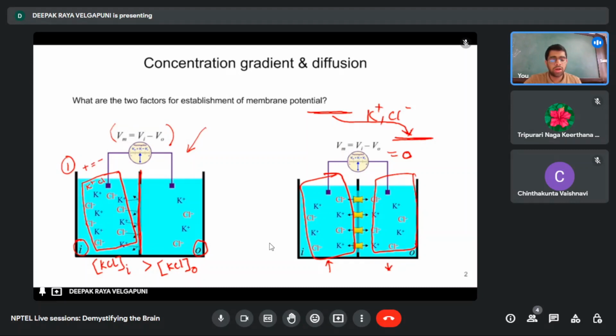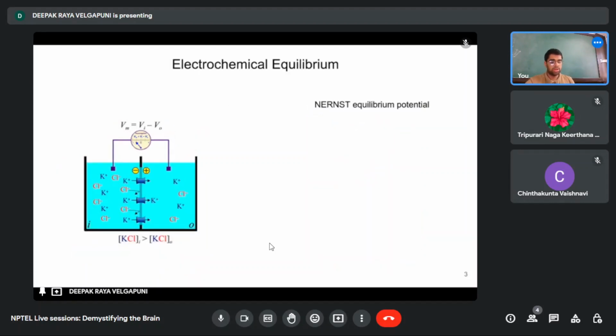Now let's come to the third case. This is the third scenario, in which you have a membrane which is selectively permeable to only K plus. So this is a semi-permeable membrane which only allows K plus to pass across. Since there is a higher concentration of K plus on this side compared to this side, ions move from higher concentration to lower concentration.